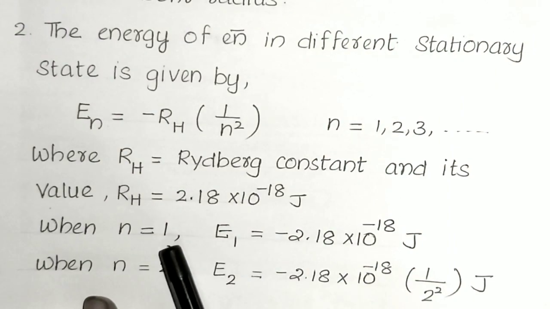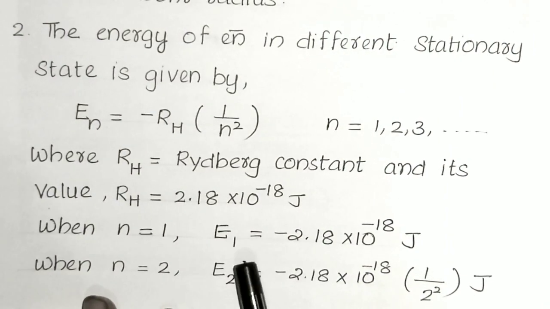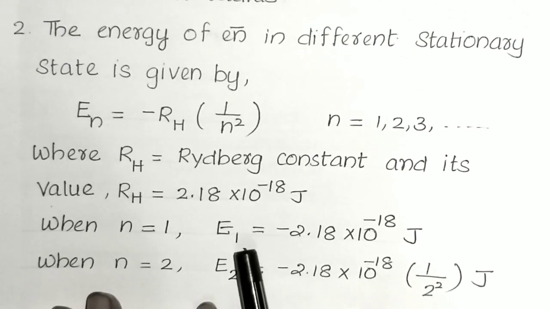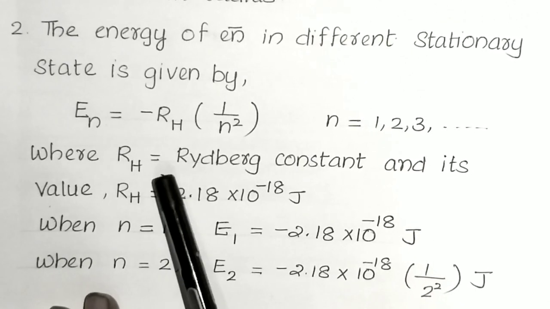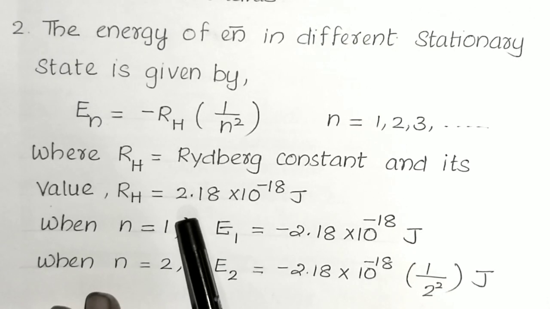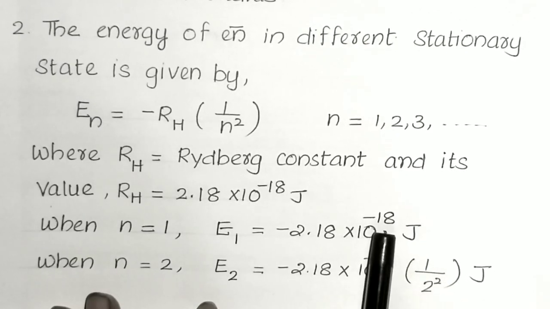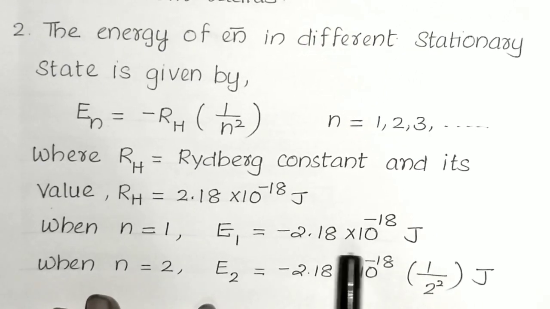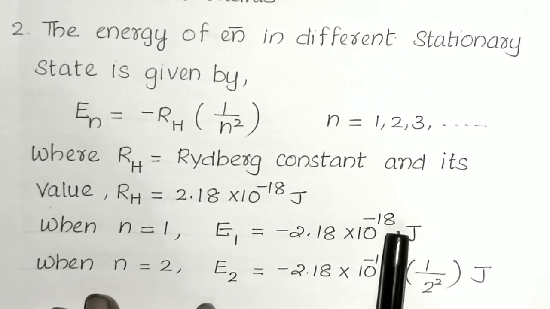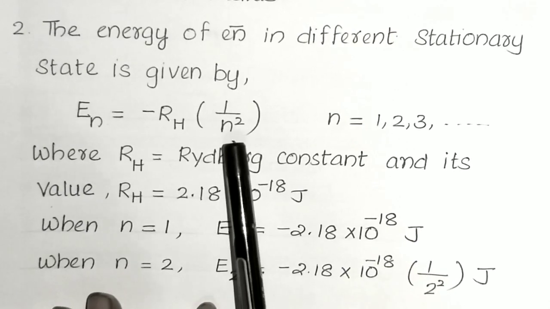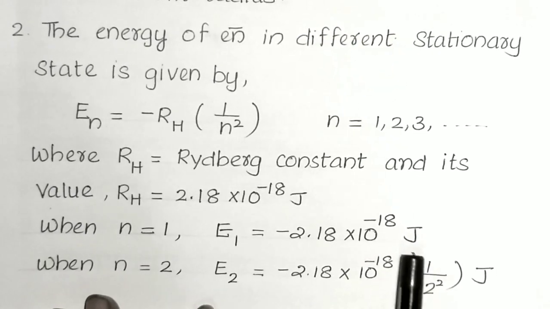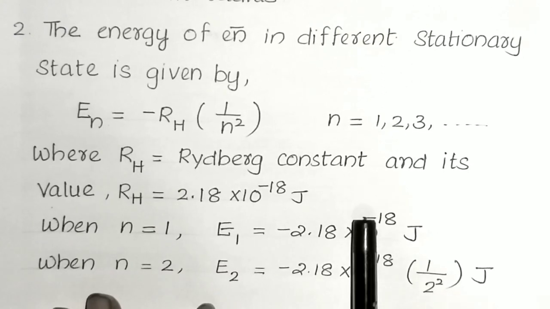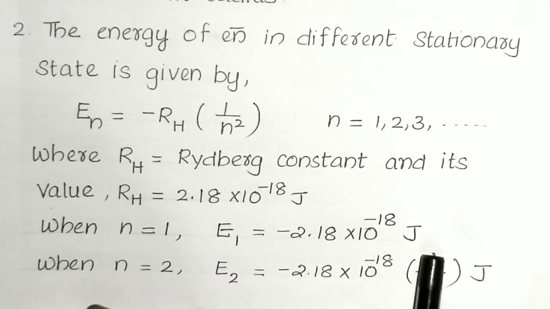When n is equal to 1, then E1 is equal to minus 2.18 into 10 raised to minus 18 into 1 by n square, where n is equal to 1. So, E1 is equal to minus 2.18 into 10 raised to minus 18 joules.